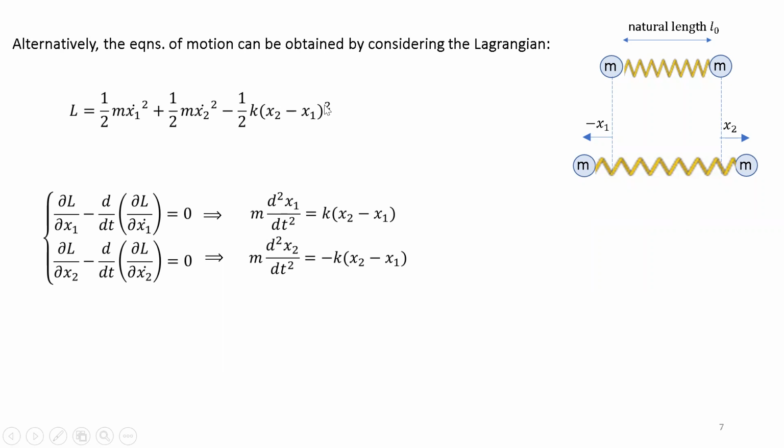So you can once again see the convenience of using the Lagrangian compared to considering the forces. Here I don't need to worry about the plus or minus sign of the force. Just write down the potential energy, and then once you apply the Lagrange equations, the correct sign will come out.